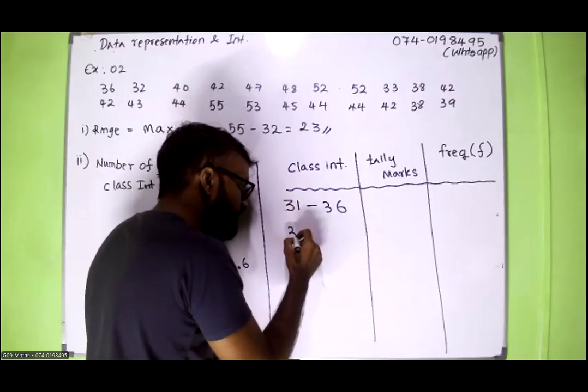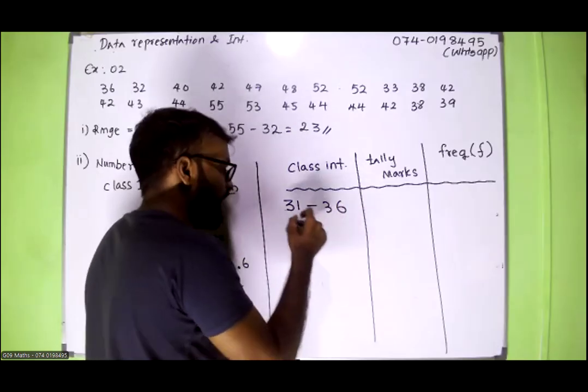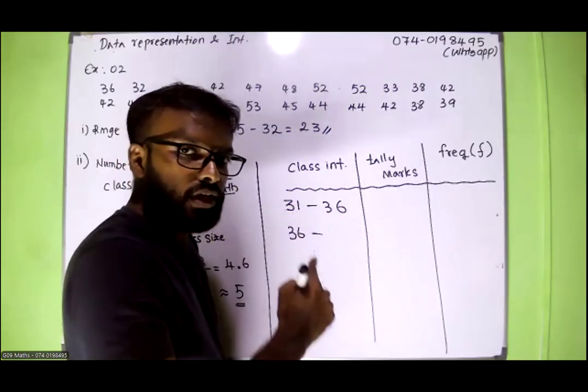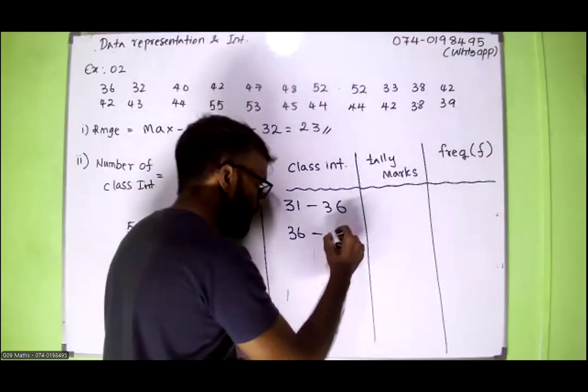The second class interval's starting point is the same. Add 5 to this: 36 plus 5, 41.